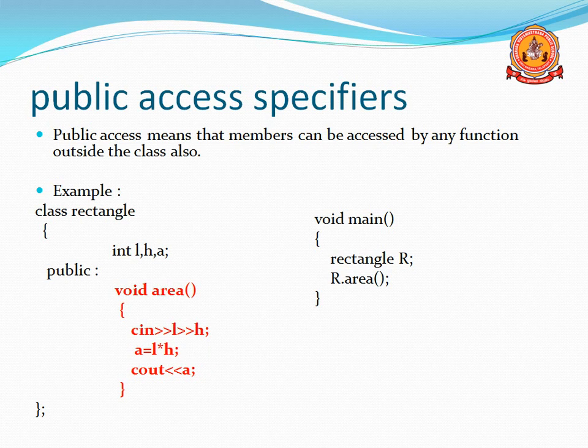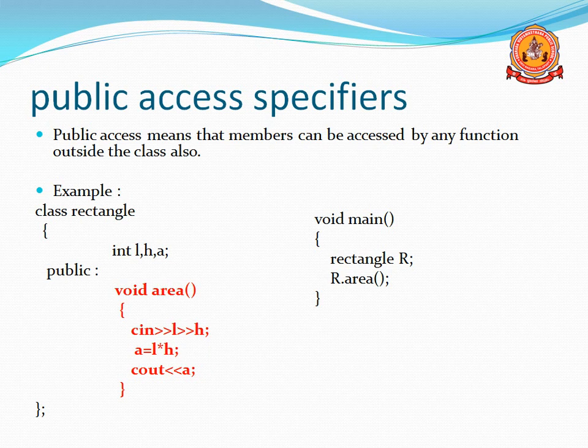In this example I declared the function area as public, and int l, h, a are three variables, and I didn't mention anything. So by default int l, h, a, the data members, are private and the remaining things are public.